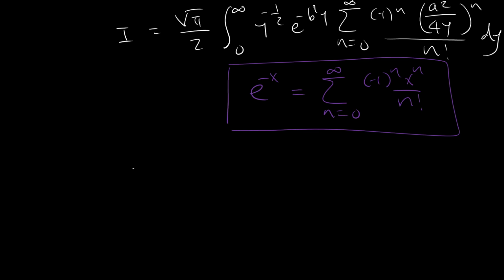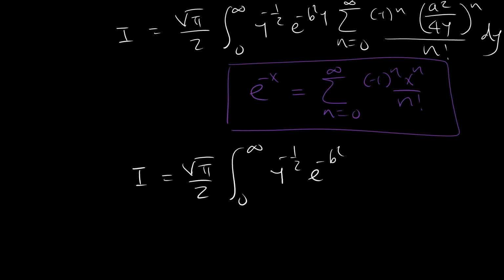So what that means is that our I now is equal to root of pi over 2, integral from 0 to infinity, y to the negative a half e to the power b squared y, and then we can just go ahead and plug in e to the power negative a squared over 4y. Okay, which is interesting because now we're beginning to see something of interest.